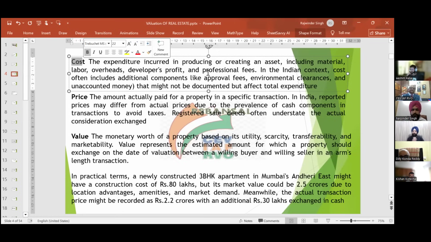But there are certain things which are not documented, but that is also to be included in the cost. There are certain unaccounted money. Of course, when you go for registering a sale deed, you have to give certain amount as an under table.